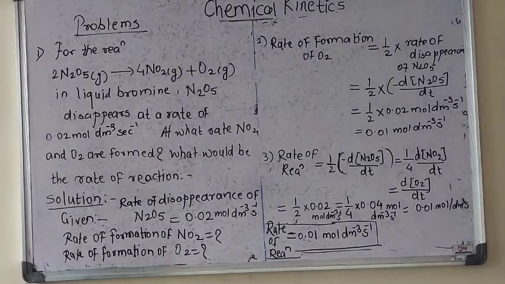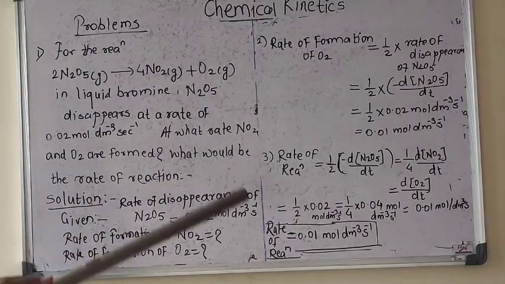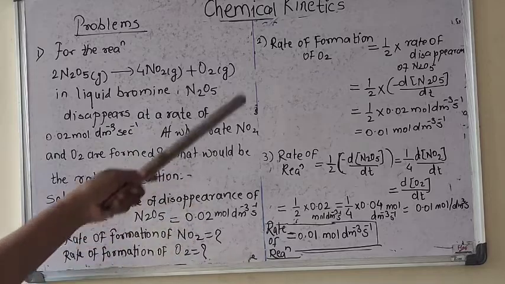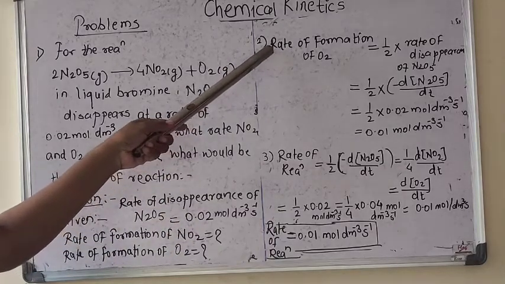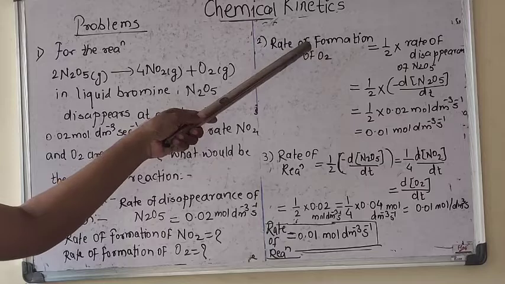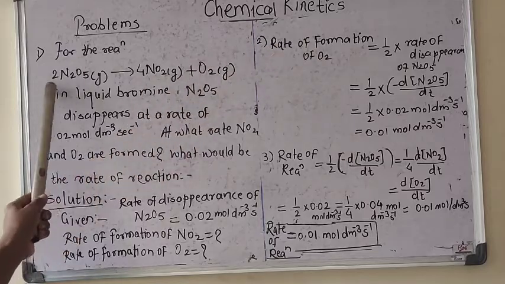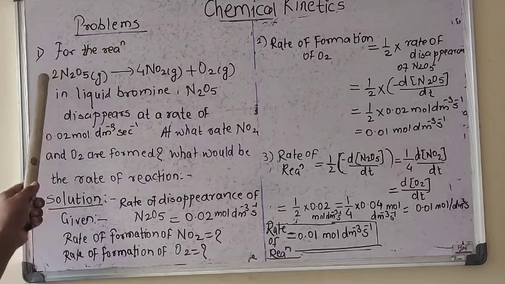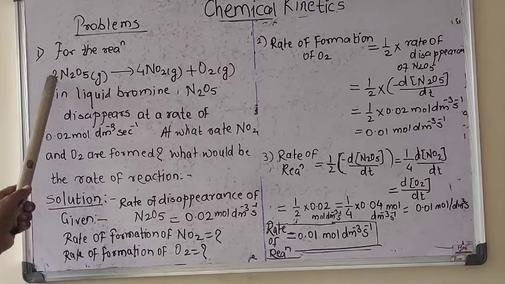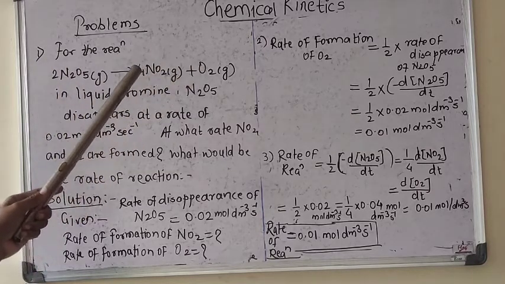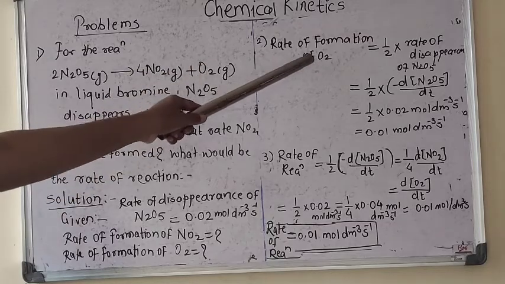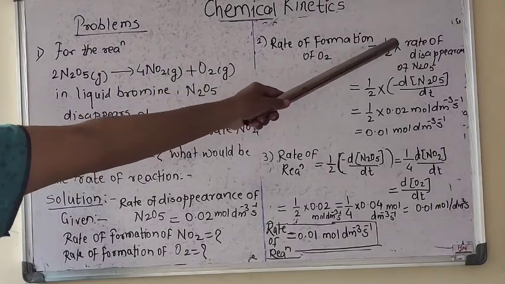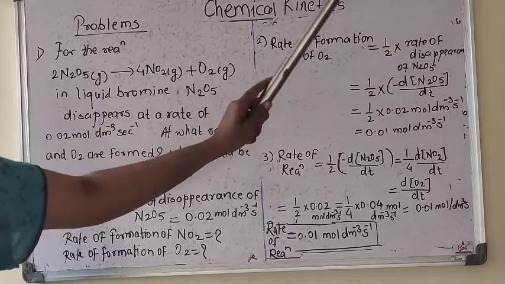In the previous point we saw the rate of formation of NO2. Now the second point we have to find out is the rate of formation of O2. When we consider the reaction, when 2 moles of N2O5 disappear, 1 mole of oxygen is formed. So the rate of formation of O2 is 1/2 into the rate of disappearance of N2O5.